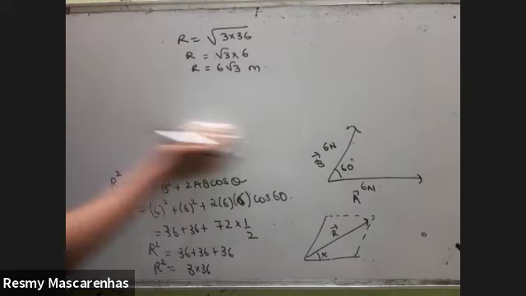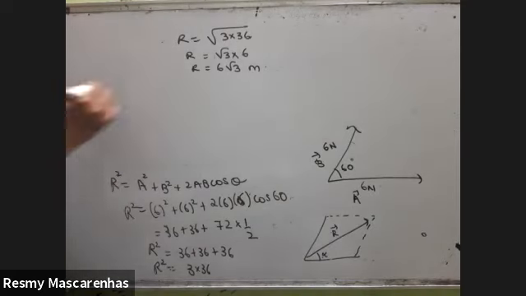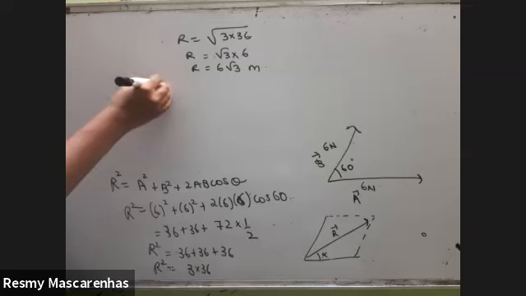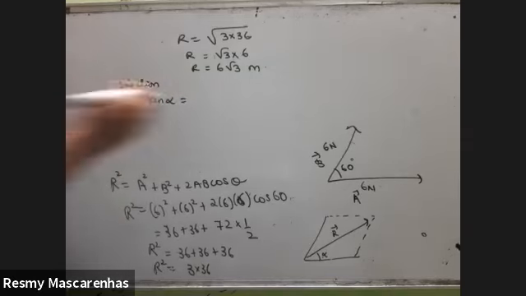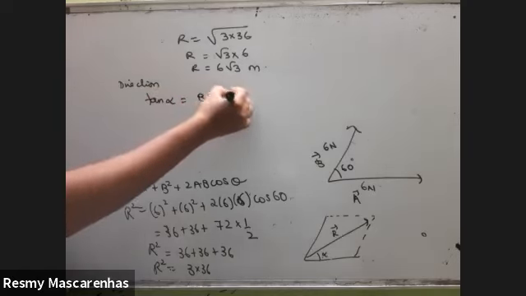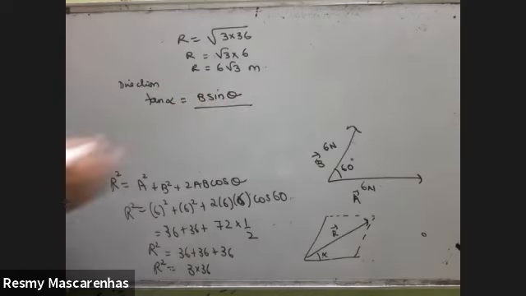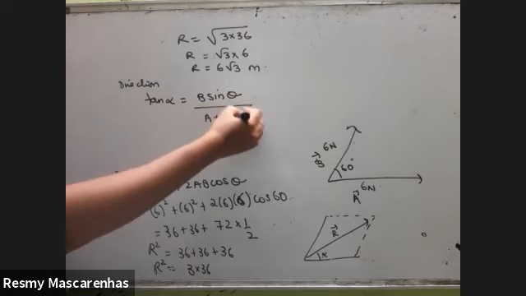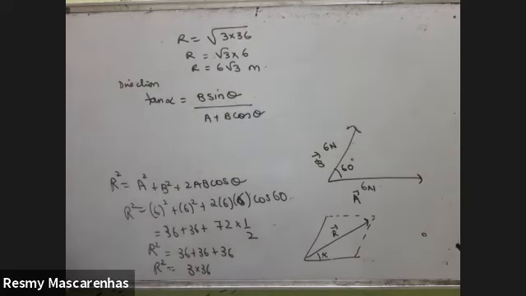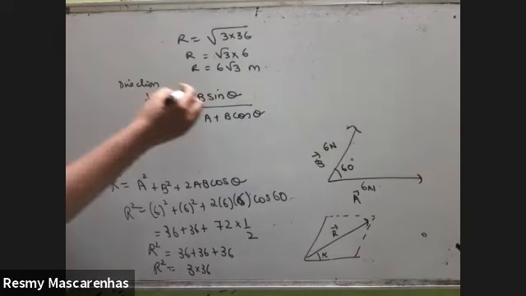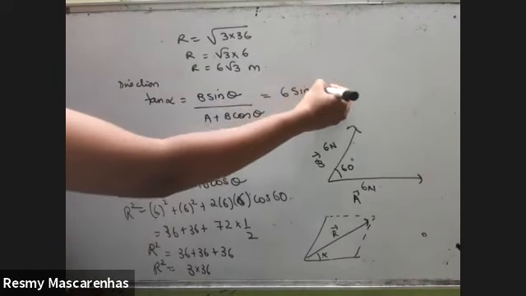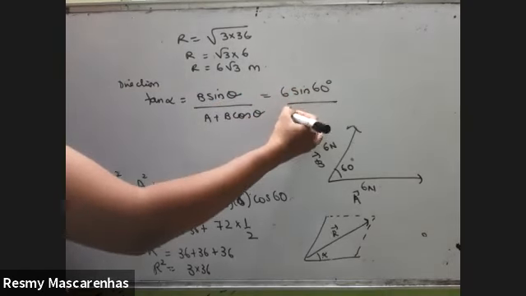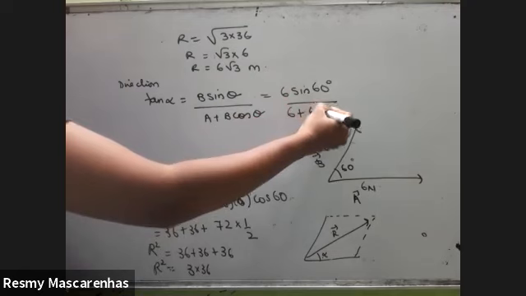Now we have to calculate the direction. Direction formula I told you: tan alpha equals B sin theta upon A plus B cos theta. Now put the values. B is 6. Angle will remain the same, 60 degree. A is also 6, B is also 6, cos 60.